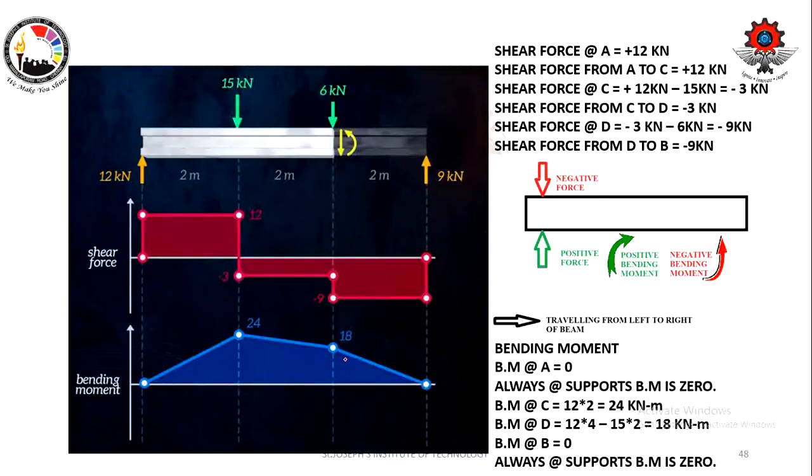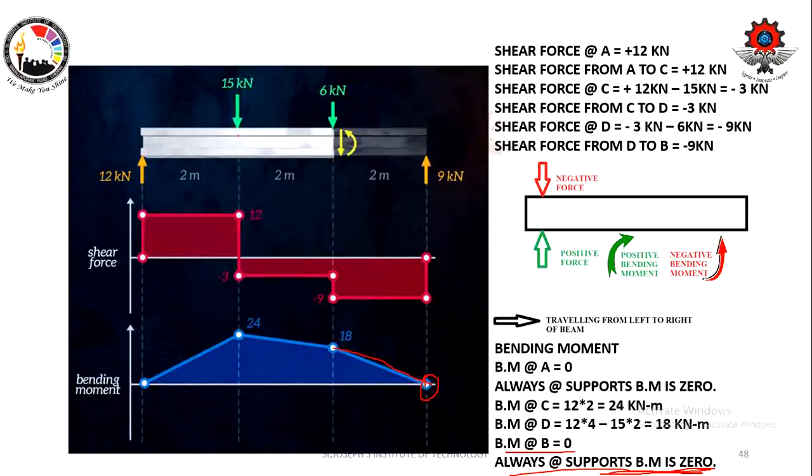Okay. Now as we know that bending moment at B is 0. As I told you, always the supports will carry no bending moment. So bending moment is 0 at the support. So join that 18 to 0. Right?